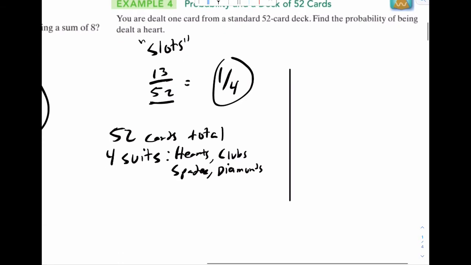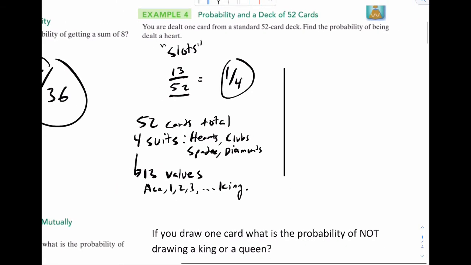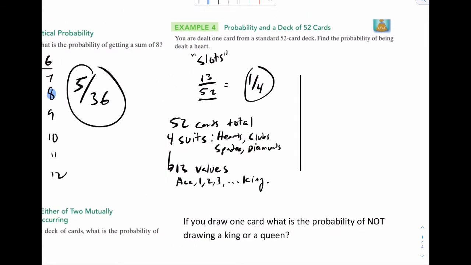And within each suit, there are 13 like values. Then that would be like ace, 1, 2, 3, all the way to king. So make sure you study this information or just play a game of cards and it'll come naturally once you play a couple games.